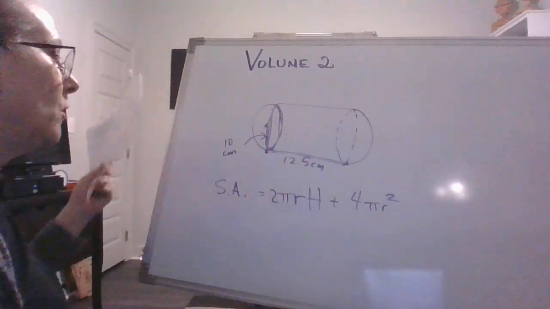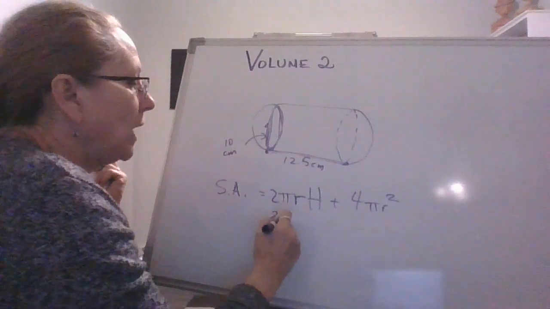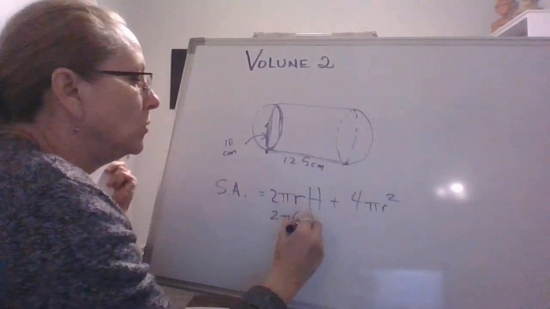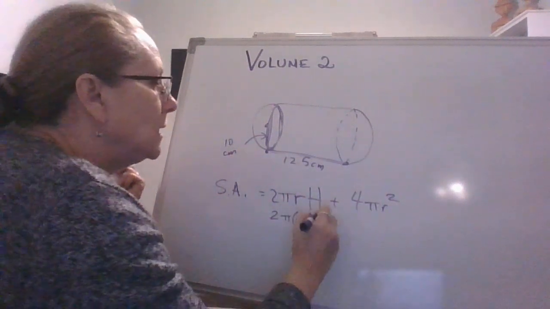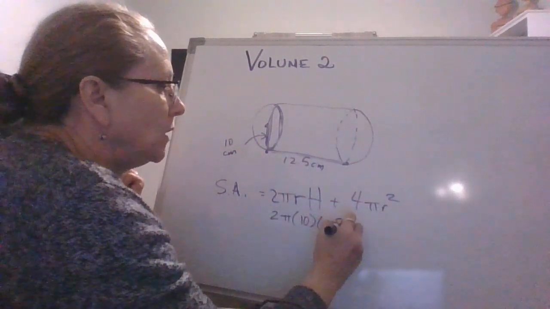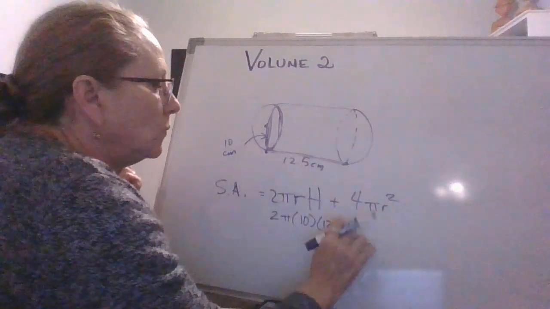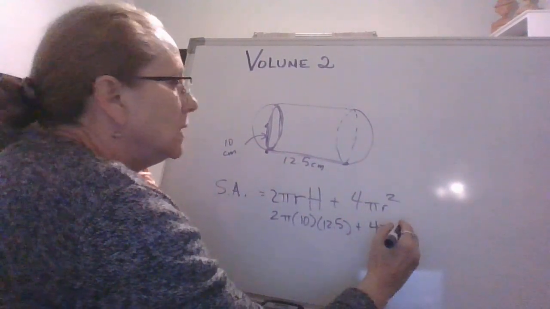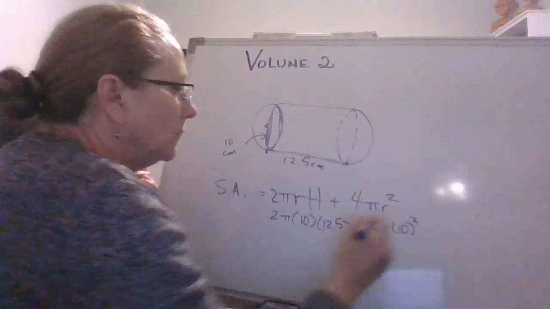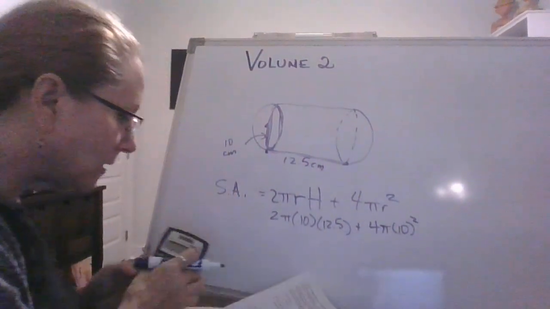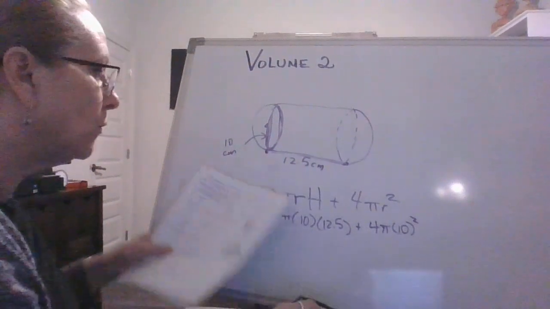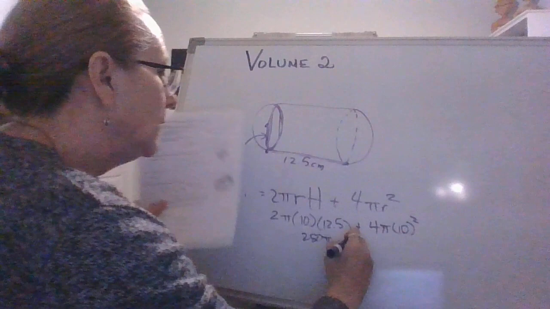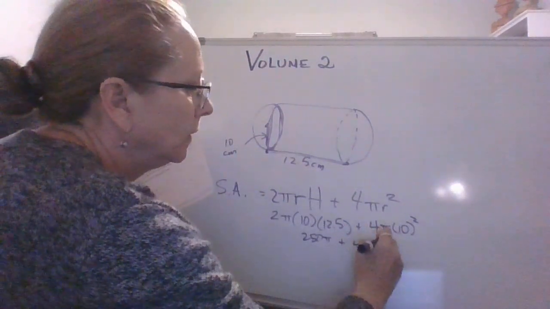All right, let's put in our numbers. 2 times pi. Radius is 10. It's hard to see whether that was a radius or diameter. It's a radius. Height is 12.5 centimeters. Plus 4 times pi times our radius again of 10 squared. Again, I'm going to solve everything that I possibly can before adding it together. This is 250 pi, and this is 400 pi.